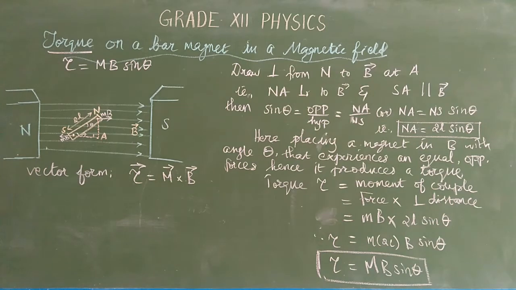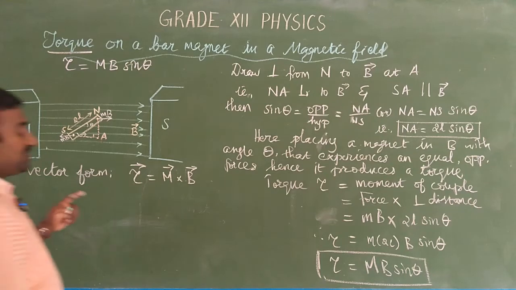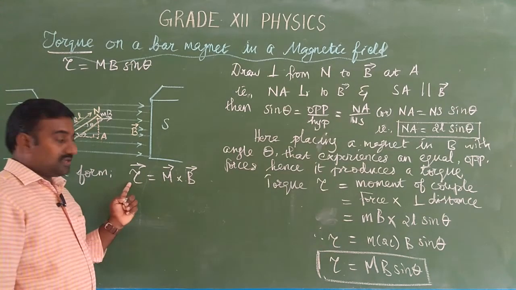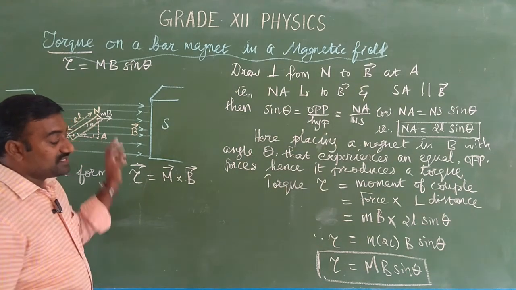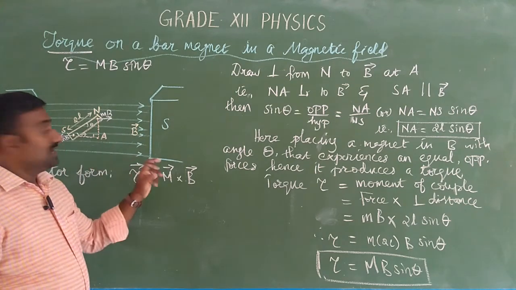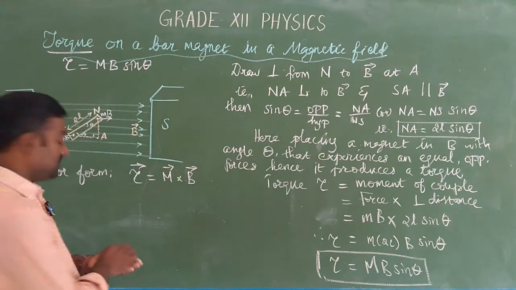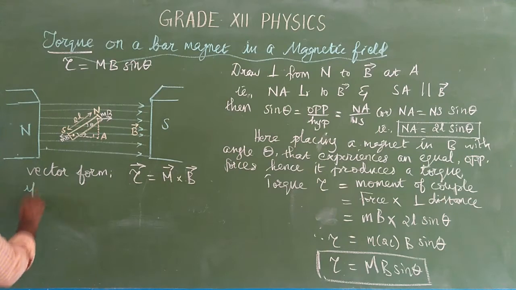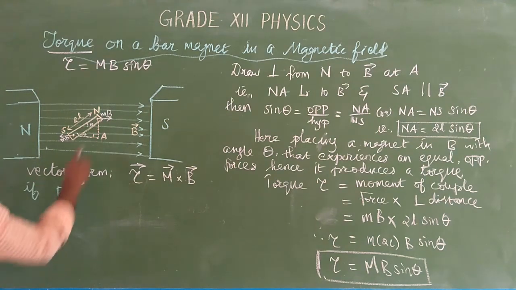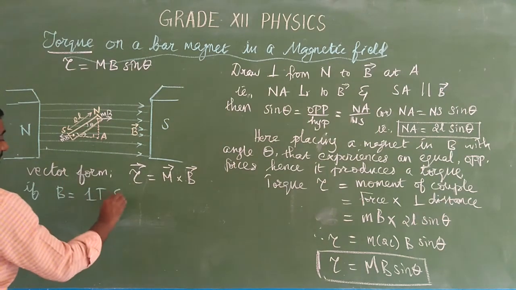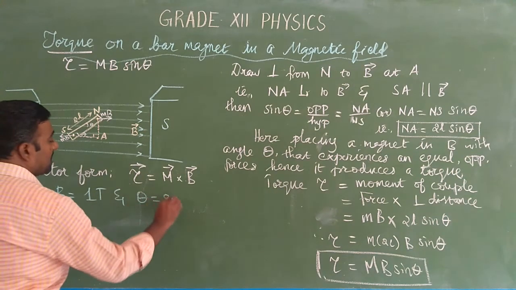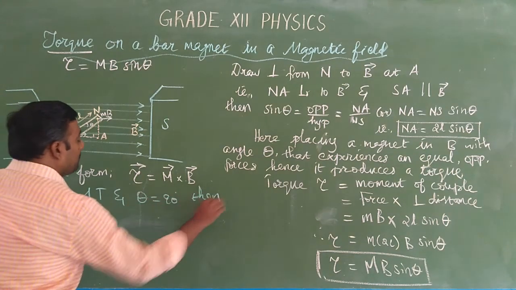Now we are going to calculate the torque if the magnetic field at the place is 1 Tesla and the angle is 90 degrees. Suppose the applied magnetic field at this region is 1 Tesla and theta is 90 degrees, then what will be the torque?